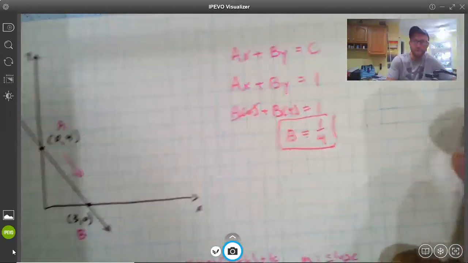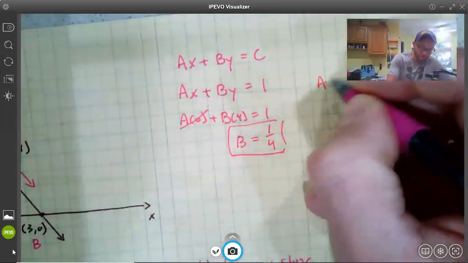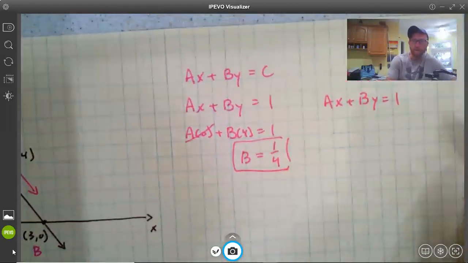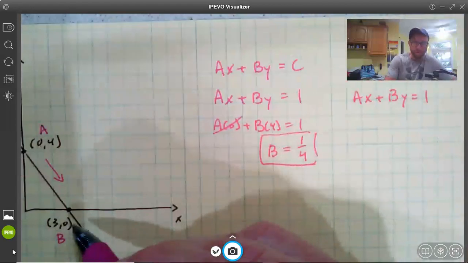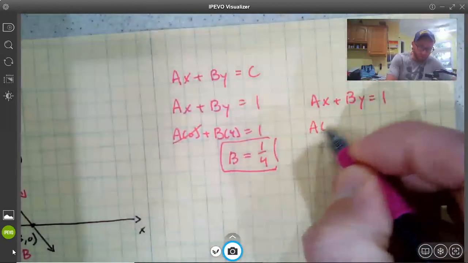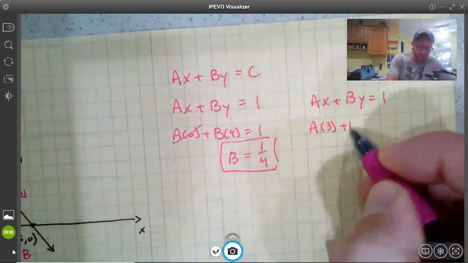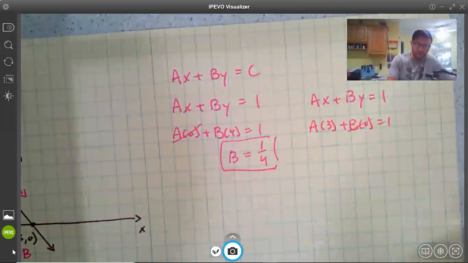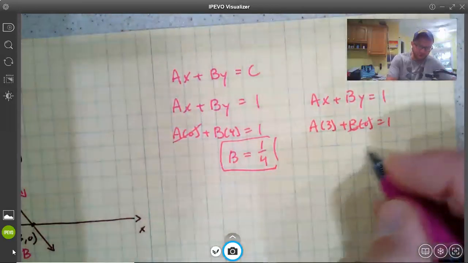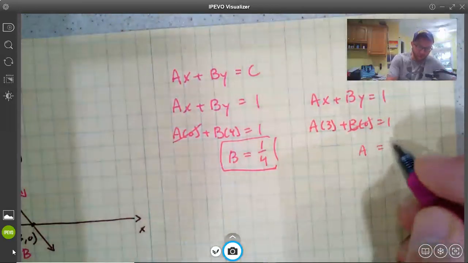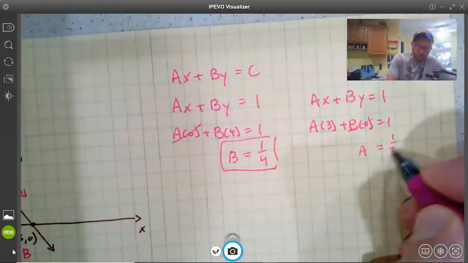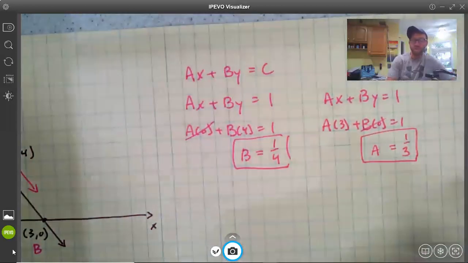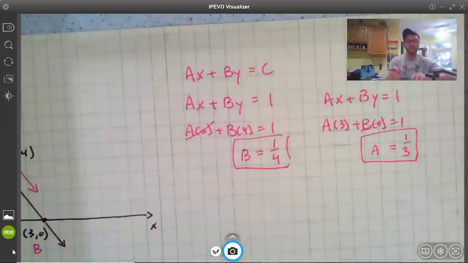I can do the same thing over here. ax plus by equals 1, and this time I'm going to plug in the other pair, 3, 0. So a times 3 plus b times 0 equals 1, and that eliminates that term. I'll divide both sides by 3 to get a equals 1/3. So basically, I plug in the points and I solve for the coefficients. You're working in reverse there.